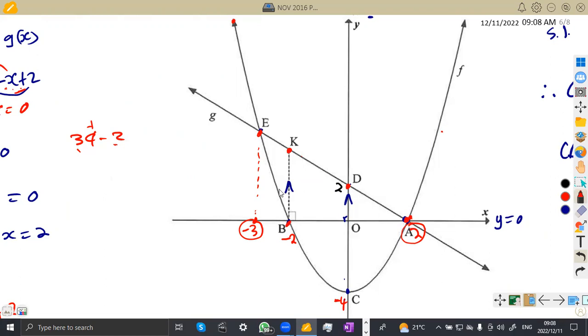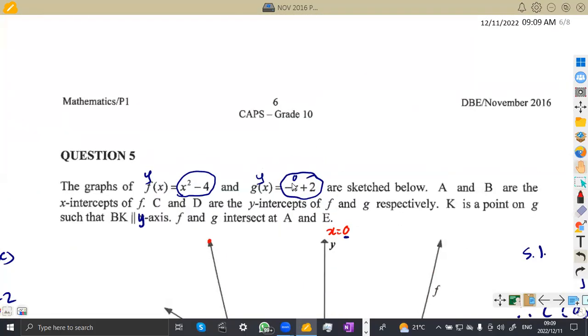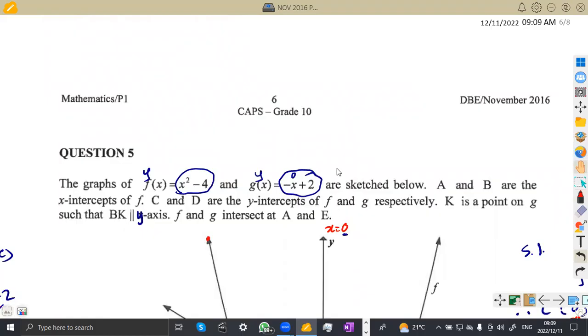But this is what you're going to do. Remember that at this point B, our value of x is -2. So we can substitute into g, because point K lies on g. Remember g of x is minus x plus 2.